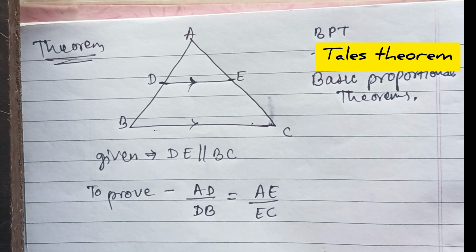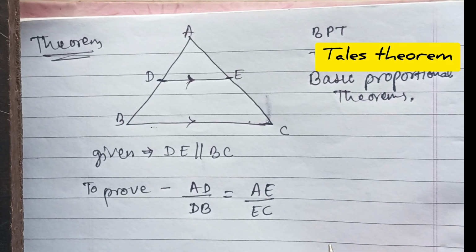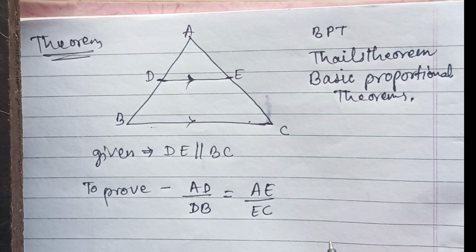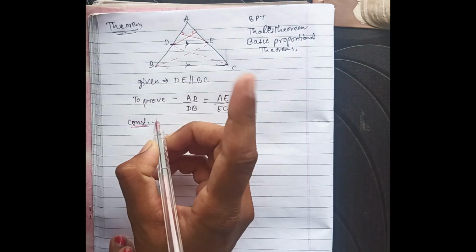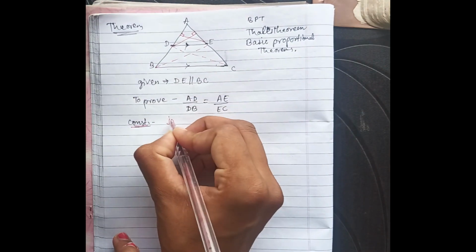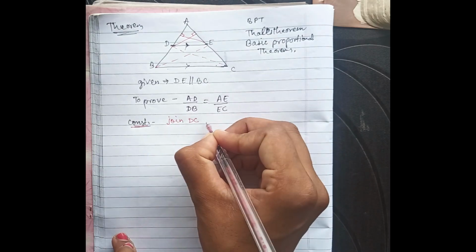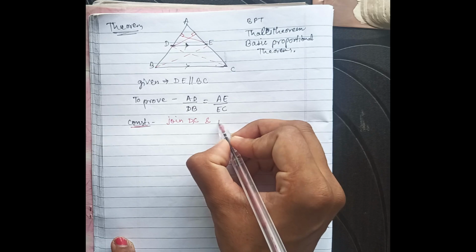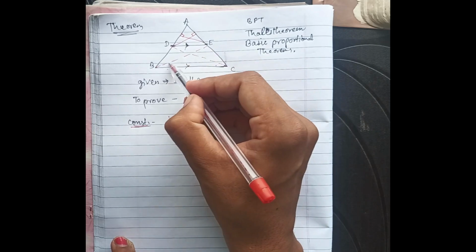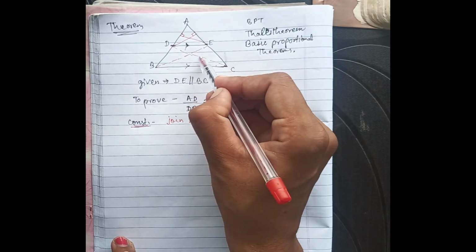So without delay let's try to prove this. Before solving the theorem we have to do two constructions. One, join DC and BE. The dotted lines show that we have joined.